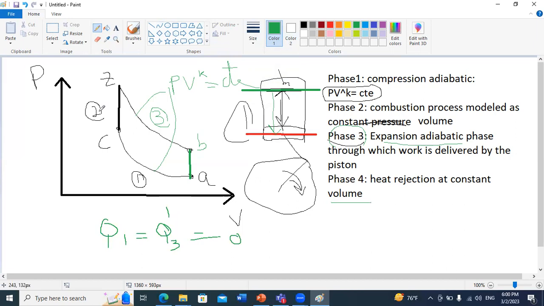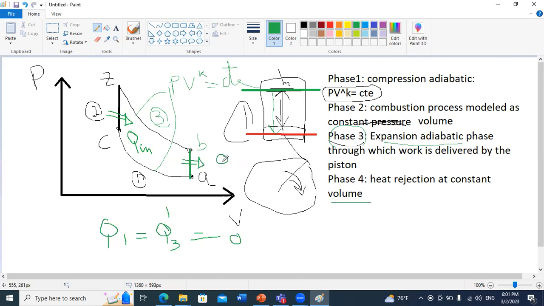Now, in phase 2, what is happening? We have the combustion. During combustion, we'll have a heat input. Very good. So we have a heat input equal to Q_in. And during the heat rejection, we have Q that is getting out of the system.